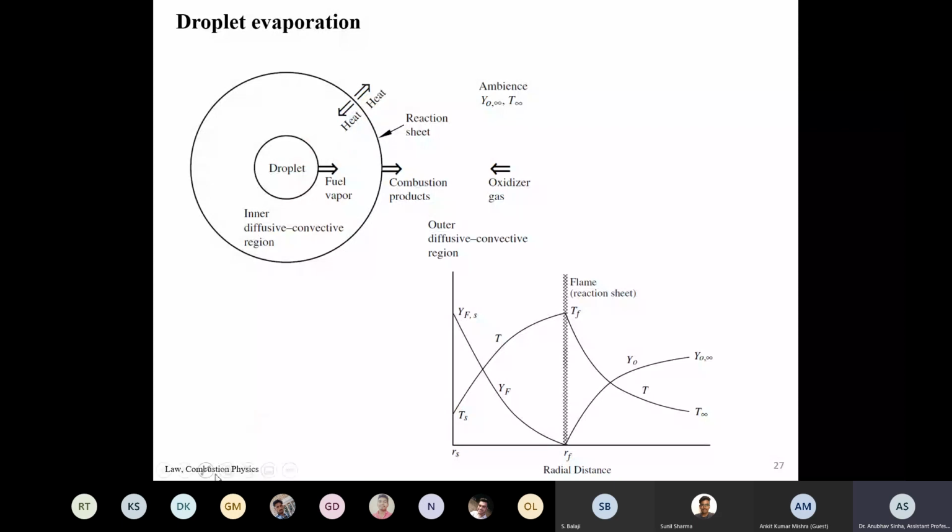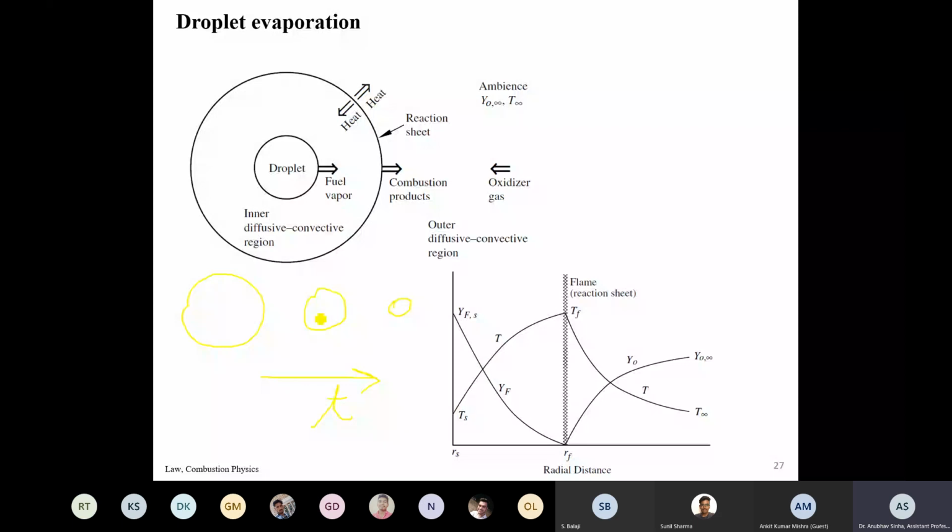Initially, let us say I have a bigger droplet. After some time t, it becomes smaller and smaller. With time, it will become smaller. You're okay with that? Basically, the droplet is evaporating and becoming smaller, that's all.